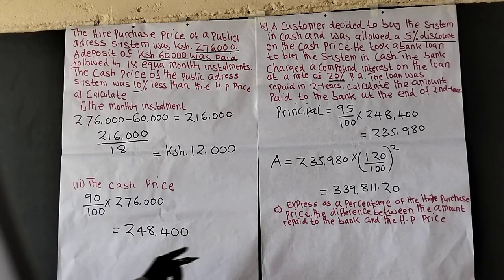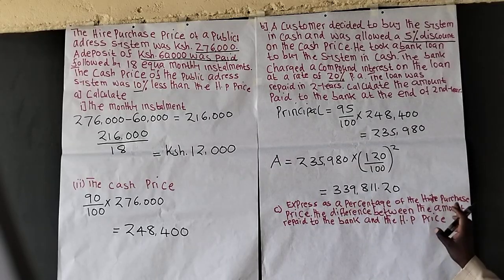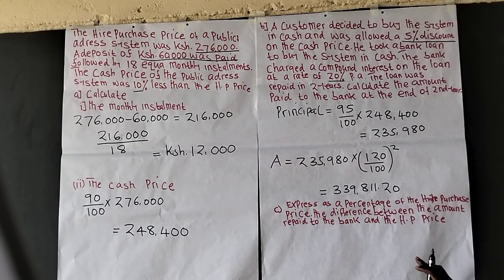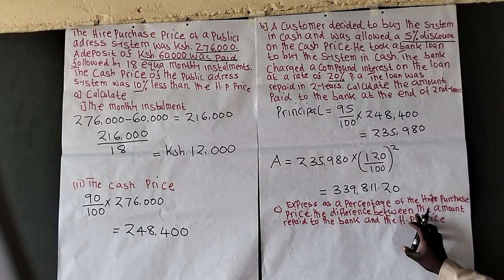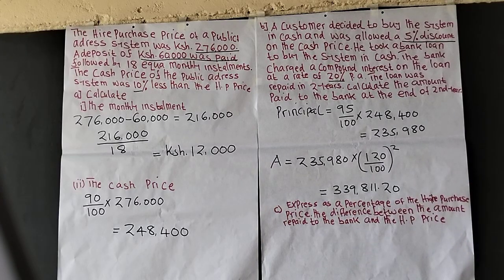Then express as a percentage of the hire purchase price the difference between the amount repaid to the bank and the hire purchase price.